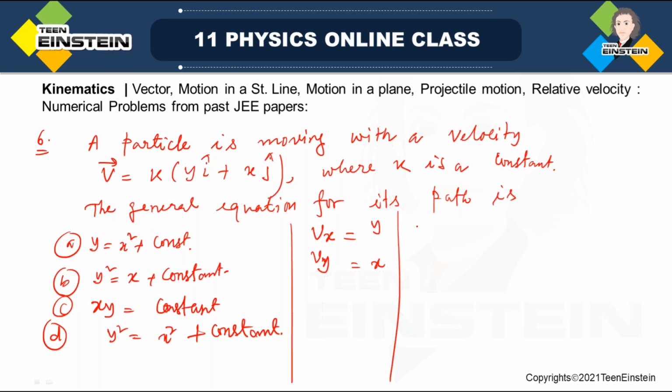We can write Vx by Vy is equal to dx by dt divided by dy by dt. Vx means dx by dt, very simple, and Vy means dy by dt.